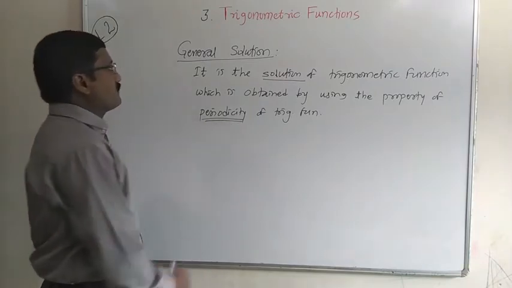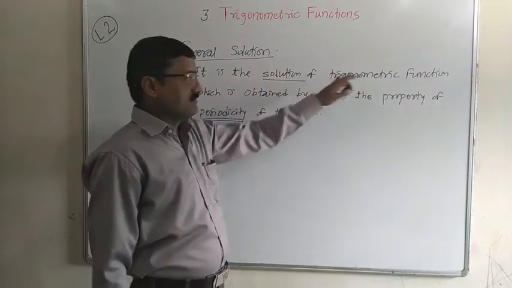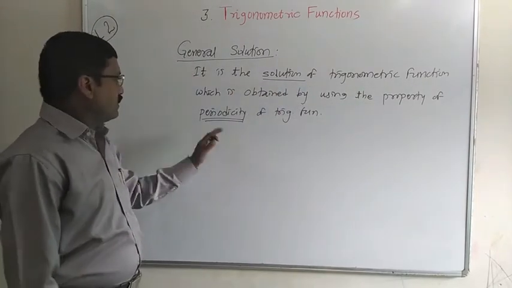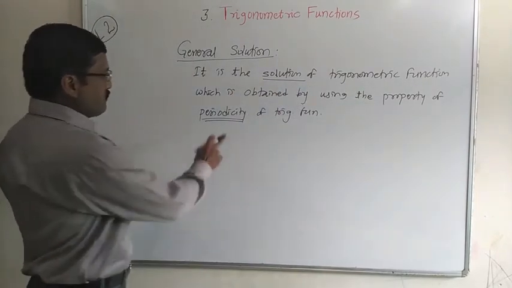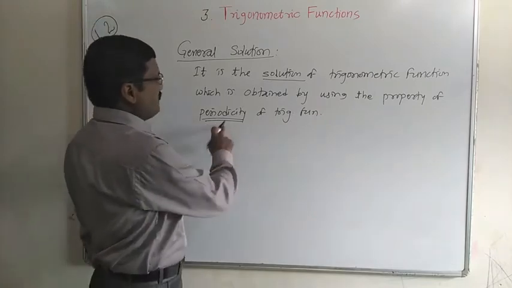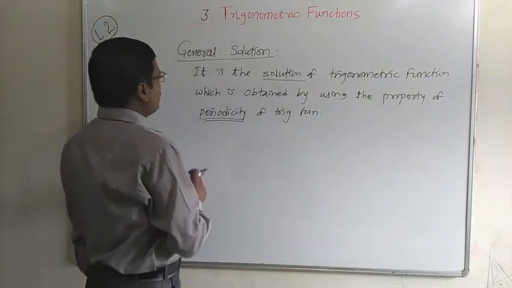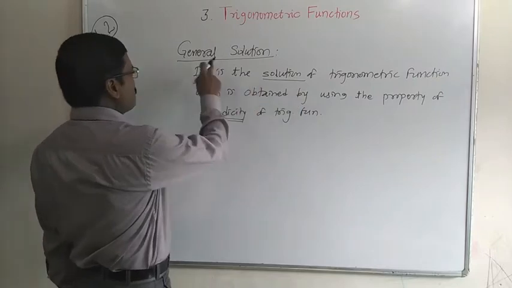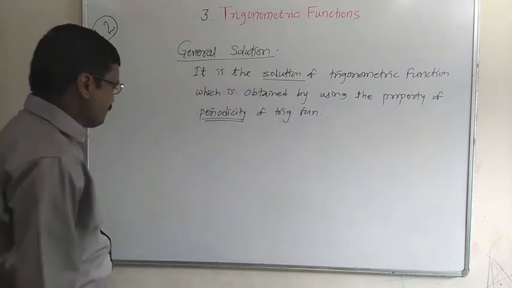You know that all trigonometric functions are periodic functions. So using the property of periodicity we will obtain the solution of that trigonometric function. That solution is said to be the general solution.